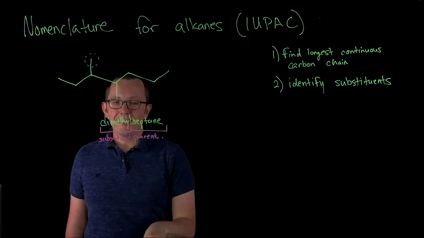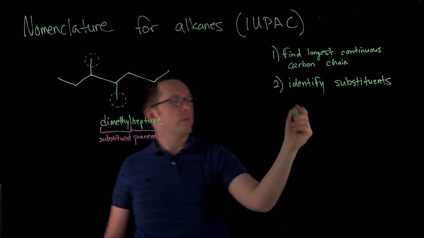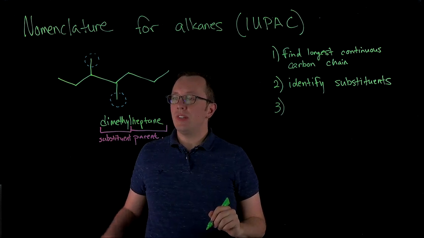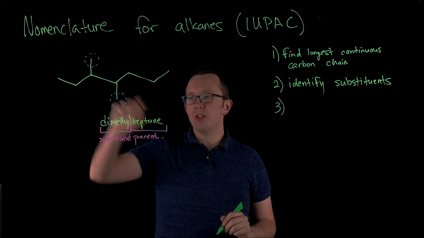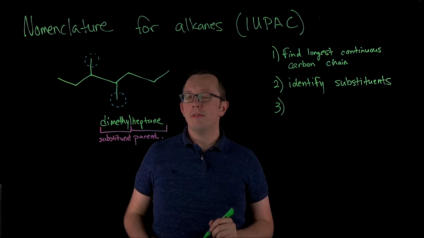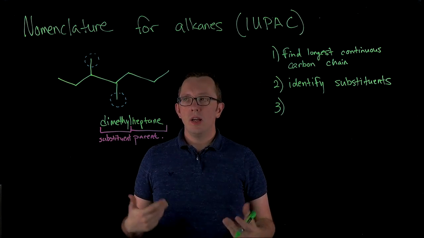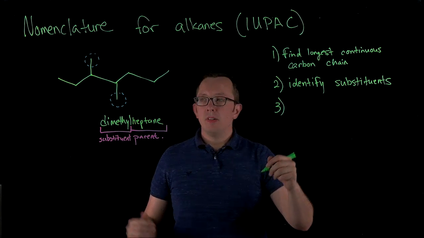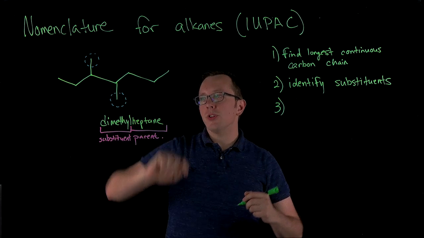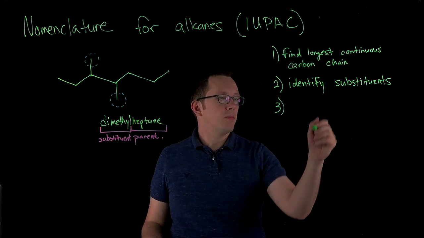Okay. The last thing we need to do is to give the position of where our substituents are. We can put methyl groups at various positions in this molecule, and each of those would be different. So we need to give sort of a chemical address for where these methyls reside.